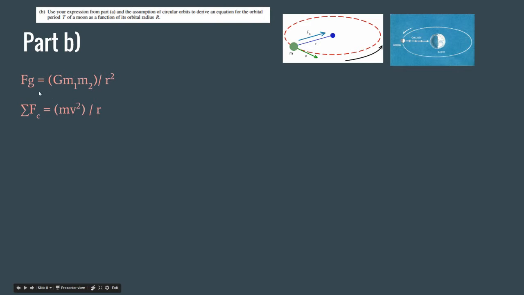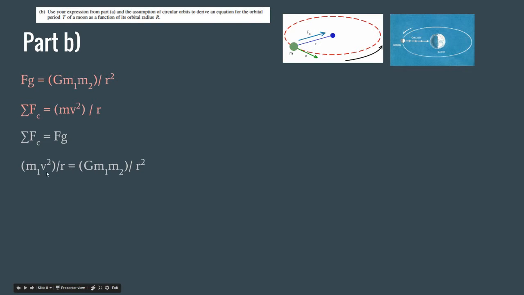Here I've written the formula for gravity between two objects, and here I've written the formula for net centripetal force acting on an object, and in this case the object will be the moon orbiting around Saturn. Okay, so we can make the statement that the net centripetal force acting on the moon is equal to the force of gravity between the two objects.